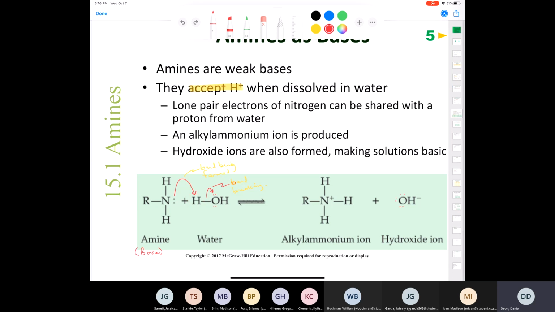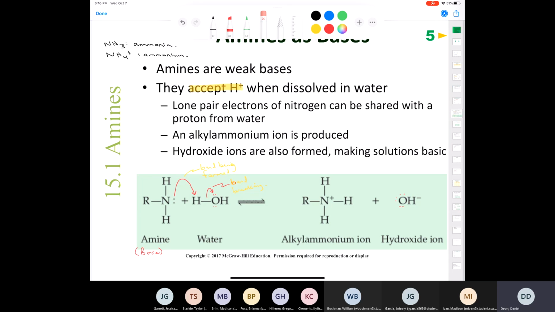Now, hopefully you remember from general chemistry the difference between NH3, which is ammonia, and if we have NH4 plus, that's ammonium. It's a polyatomic ion that you should have memorized in general chemistry.